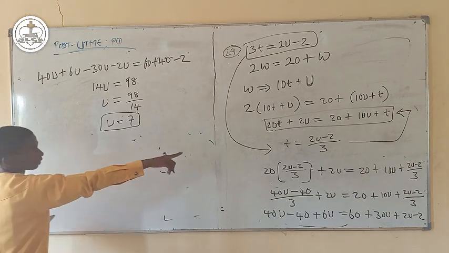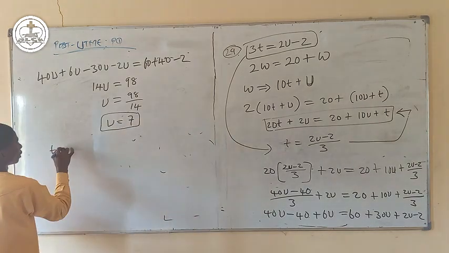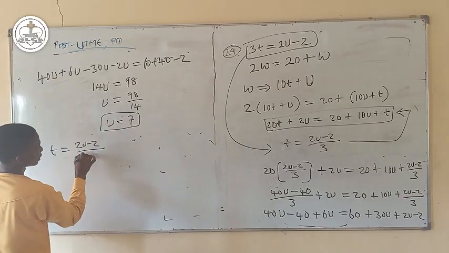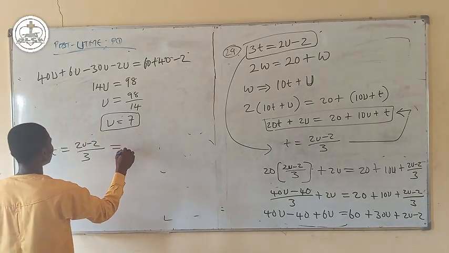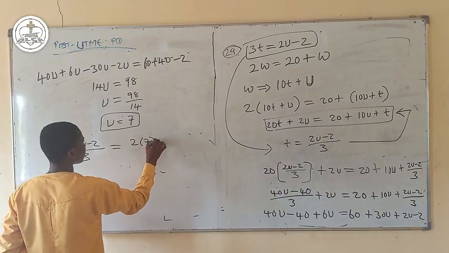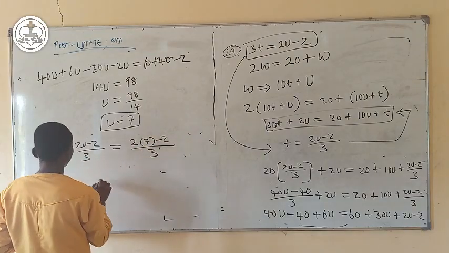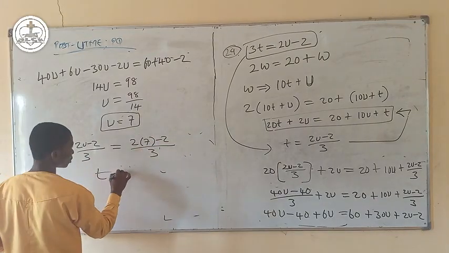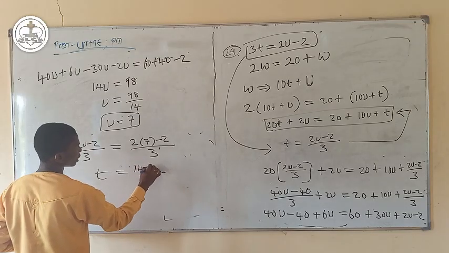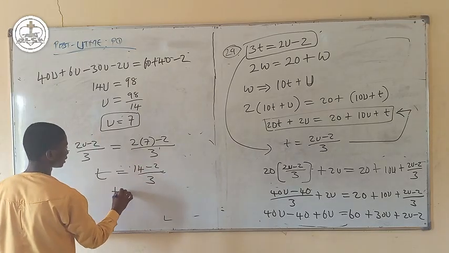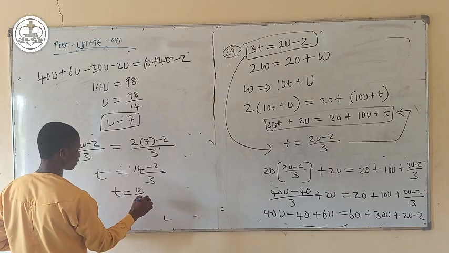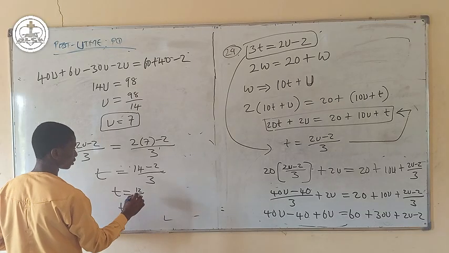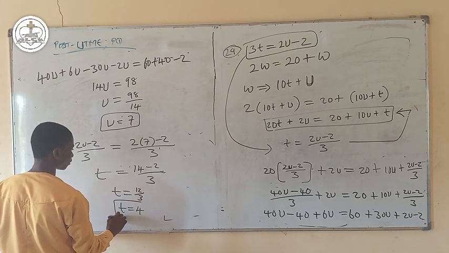Since we have already done this, t is equal to 2u minus 2 over 3. We are going to have t to be 2 times 7 minus 2 over 3. So our t is going to be 14 minus 2 over 3, and our t is 12 over 3, which is 4.